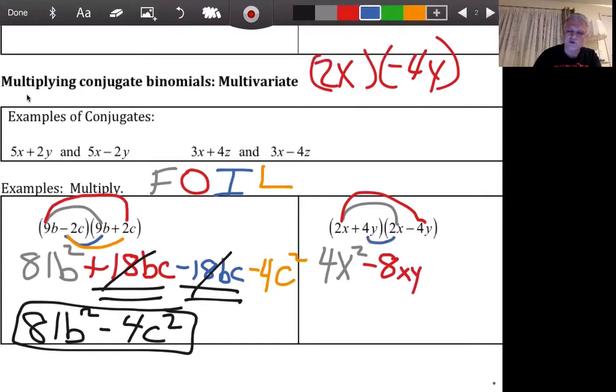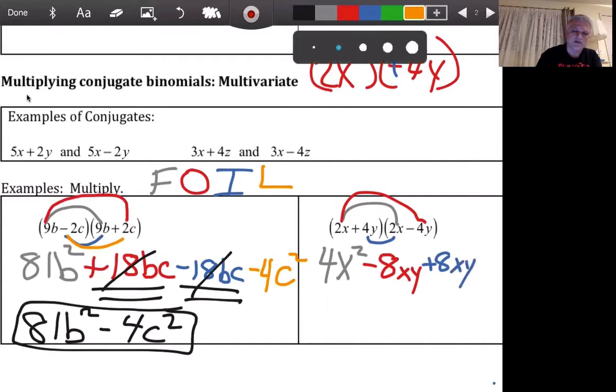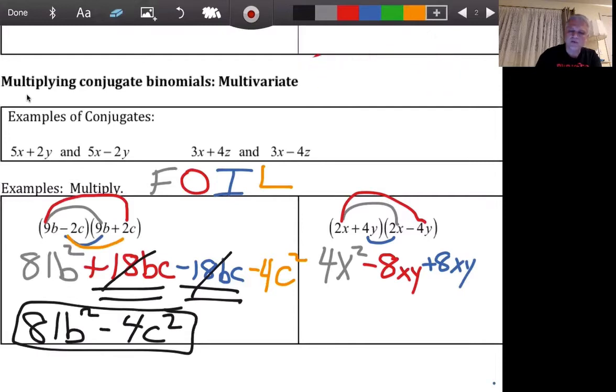Now for the inners. 4y times 2x. Same thing as we just did, except it's positive 4y times 2x. So positive 4 times positive 2 is positive 8. And then x times y, or y times x, I'm just going to write it as xy again. And then finally, I'm going to multiply my last terms.